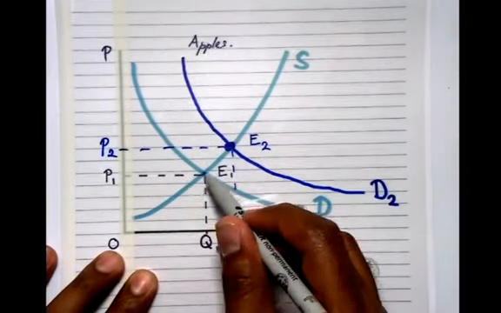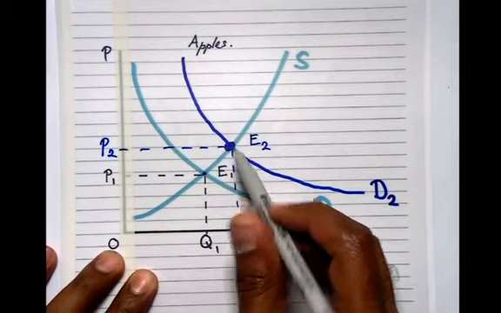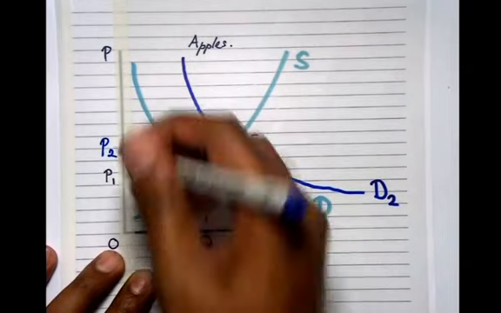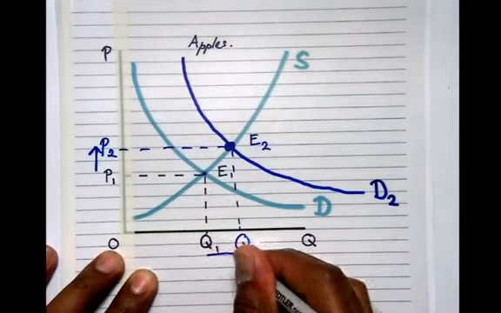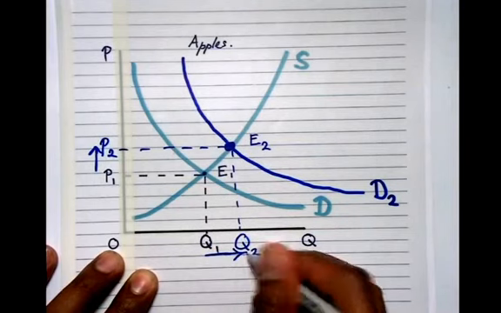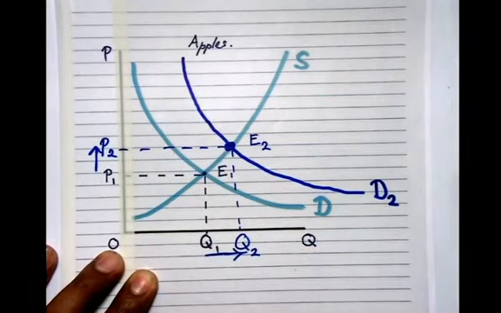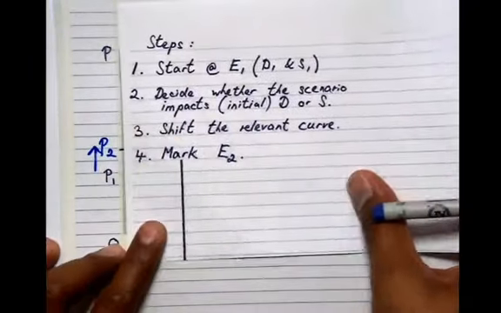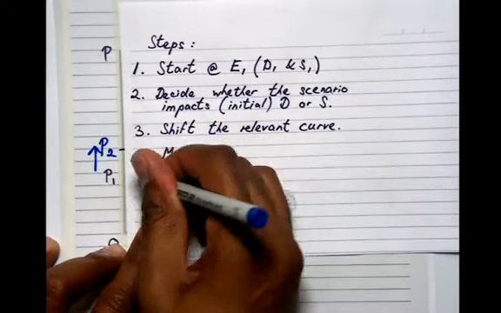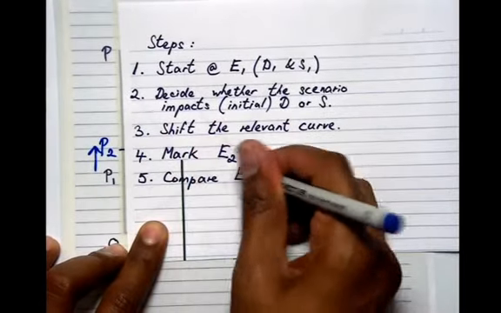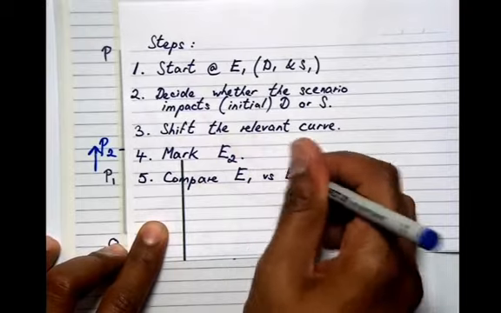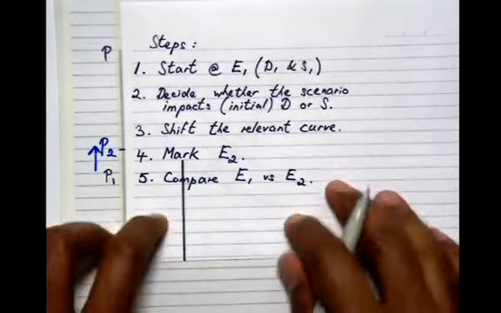If you compare E1 and E2, the price has gone up, and the quantity has gone up as well. So the last step is, once you've marked E2, you compare the two equilibrium points. Compare E1 versus E2.